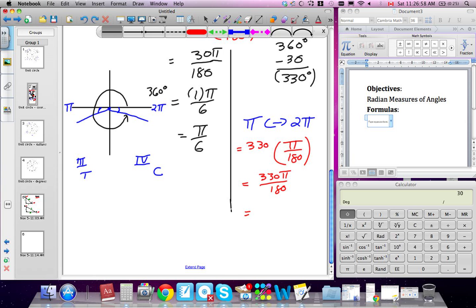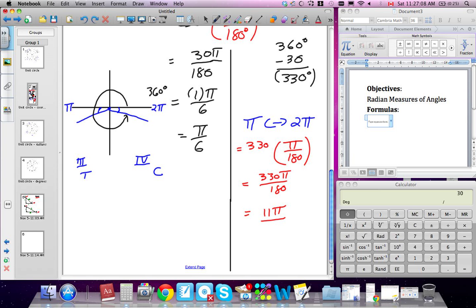When we divide both of them by 30, when I divide 330 by 30, I get 11 pi. And when I divide 180 by 30, so I'll just do it quickly here. 330 divided by 30 gave us 11. 180 divided by 30 gave us 6. So we were left with 11 pi over 6.